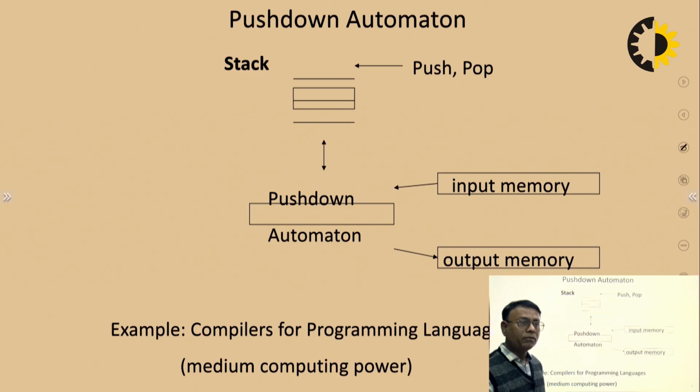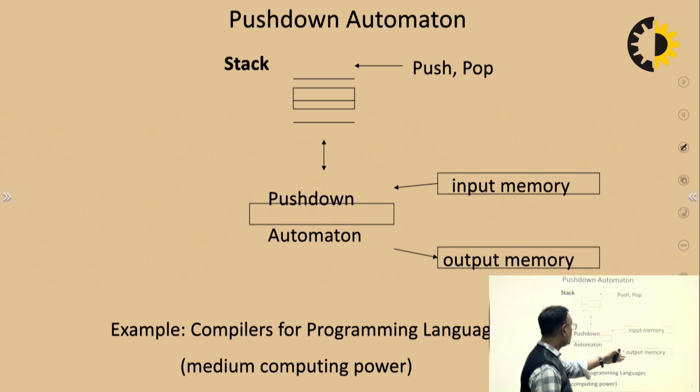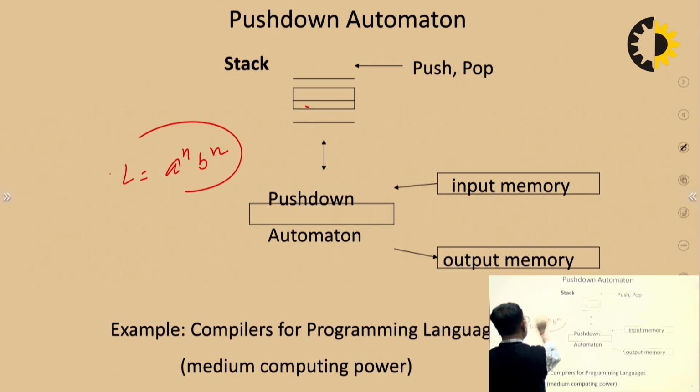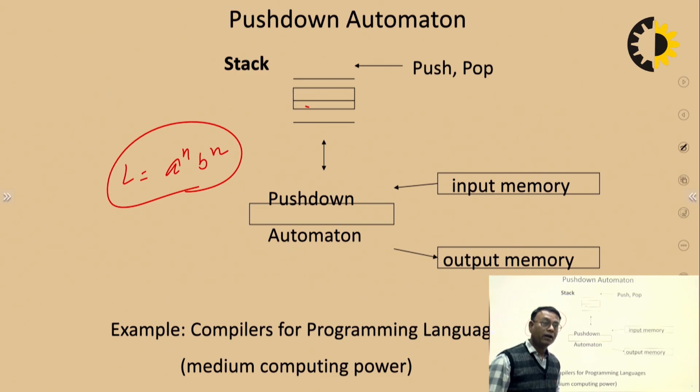This type of compiler is an example of pushdown automata, in which it takes inputs, then provides outputs, and there is a storage known as a stack where push and pop operations are performed. A language such as a^n b^n is handled by context free languages, and the grammars associated with these languages are context free grammars. This type of language is accepted by pushdown automata.